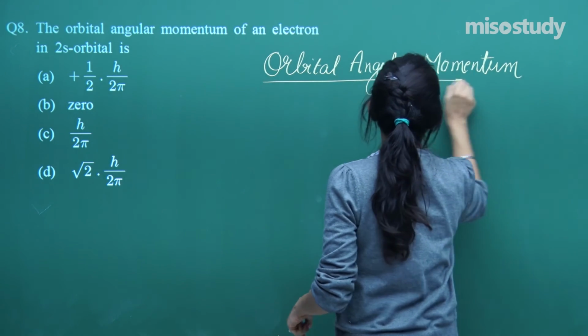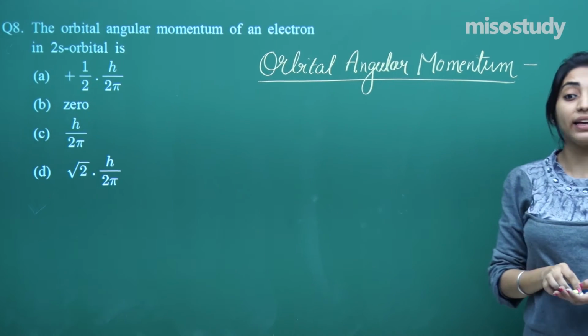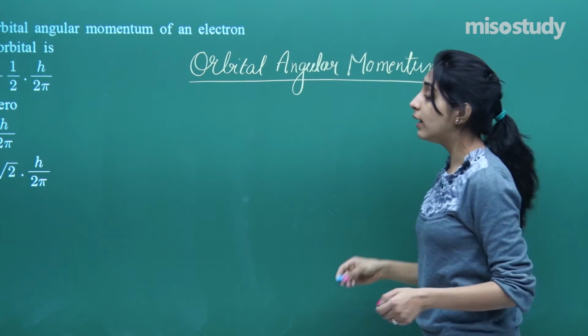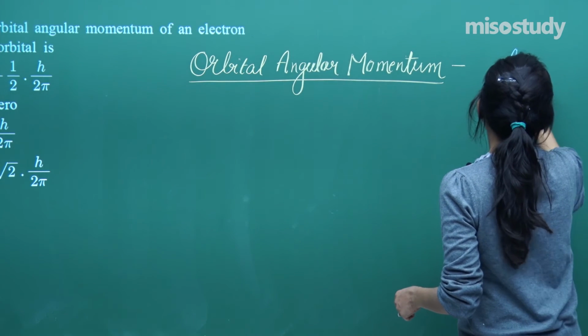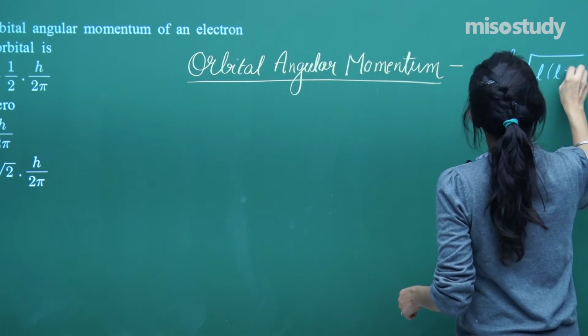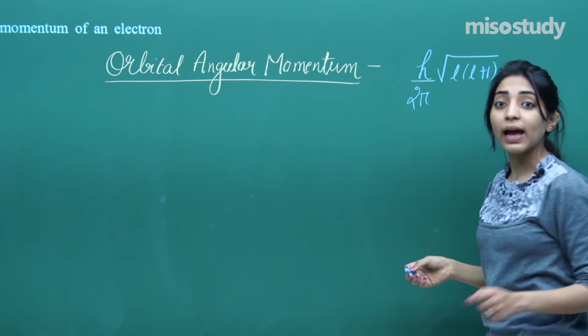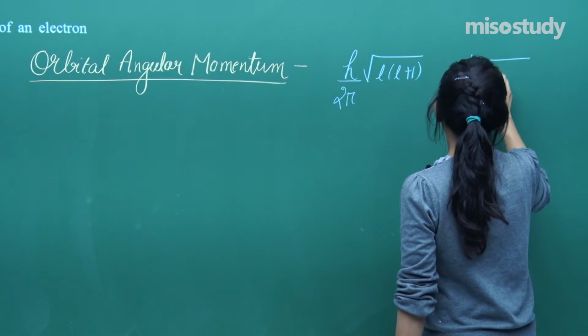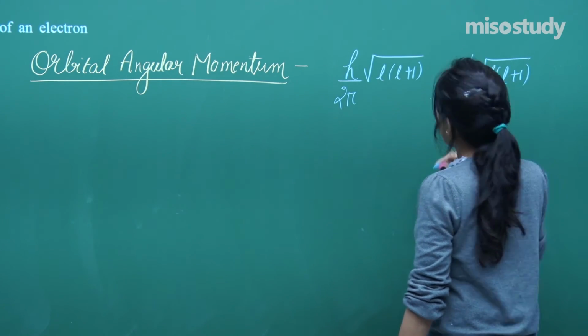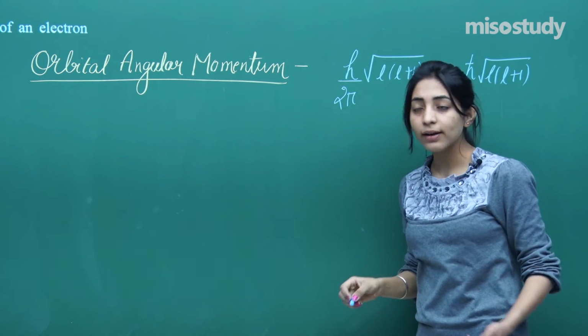Guys, you remember we have done the formula for orbital angular momentum of an electron, which was h by 2 pi under root L(L plus 1), and this can also be written as h cross under root L(L plus 1), right?